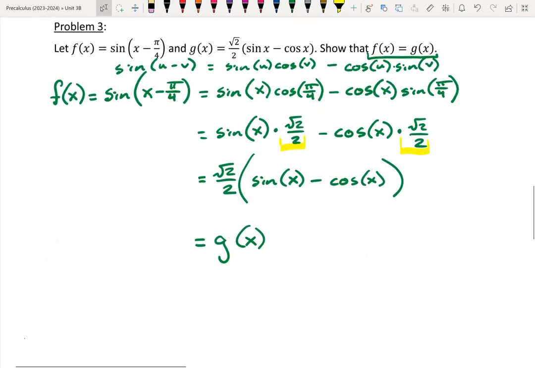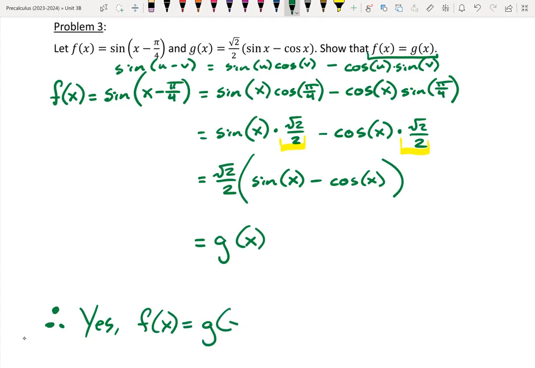So now we can conclude that, therefore, yes, f is equal to g. These three little dots mean like a therefore, thus, or we conclude that, or whatever. But we're good. Which again makes us happy.